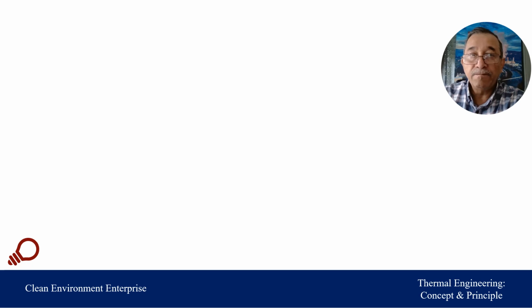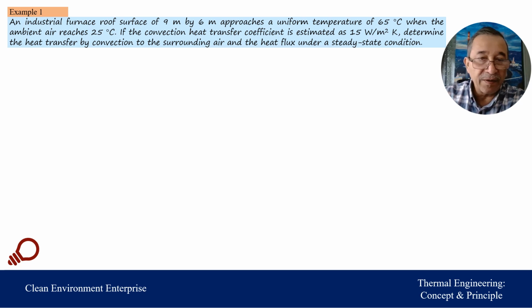Now, let us take one of the examples. The surface of a furnace, which is used for heat treatment in an industrial site, has dimensions of 9 times 6 meter.